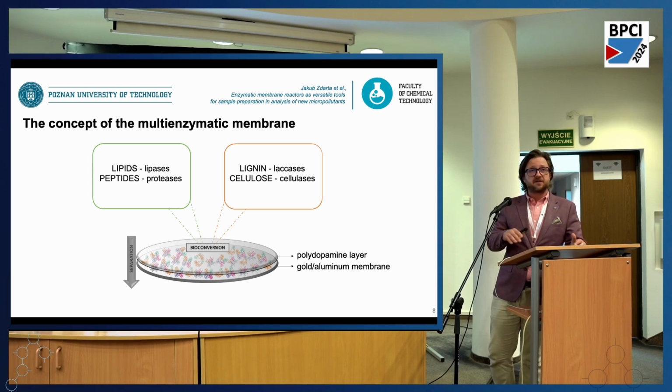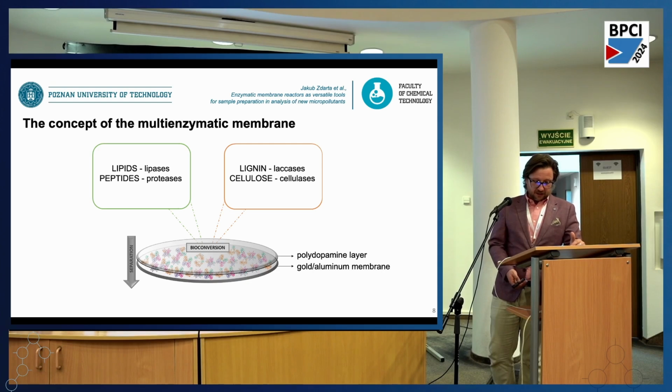On the surface of an ultrafiltration or nanofiltration membrane, we would like to immobilize different enzymes: lipases, proteases, lactases, and cellulases, because these enzymes are capable of degrading, or rather converting, the inhibitors that affect microplastic analysis.